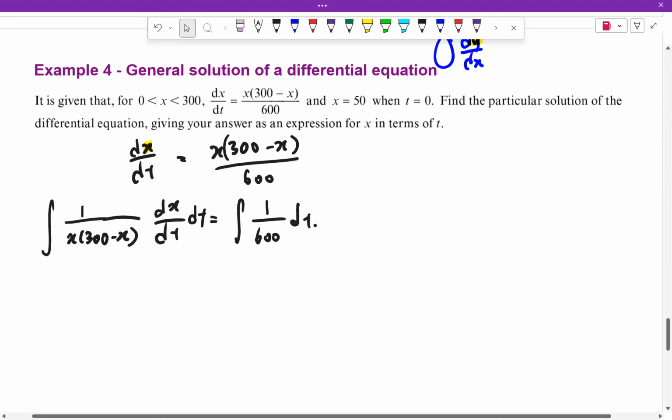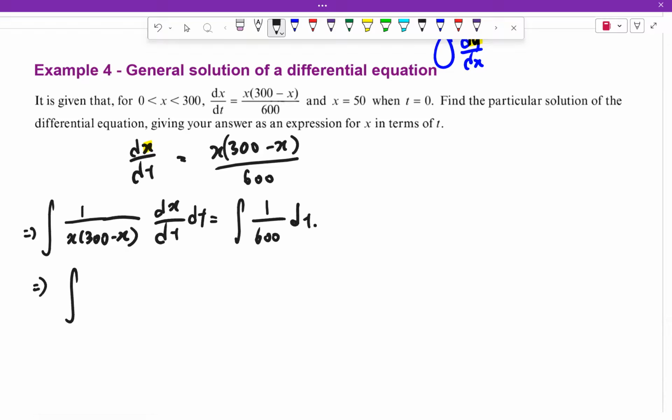So we can see, let's simplify a bit. Here we will get 1 over x 300 minus x, and then we've got dx, which is equals to, on the right side it is quite obvious, 600 t. Okay?